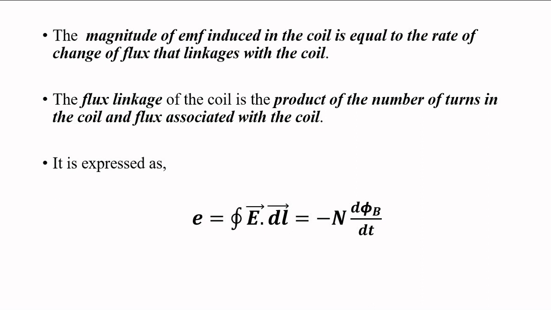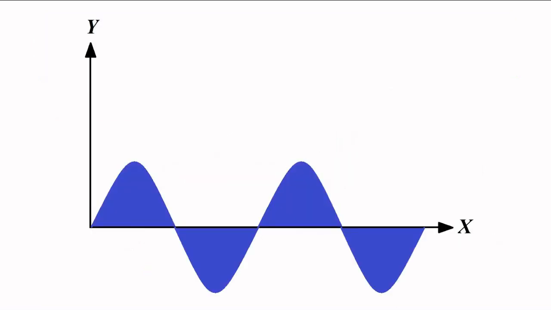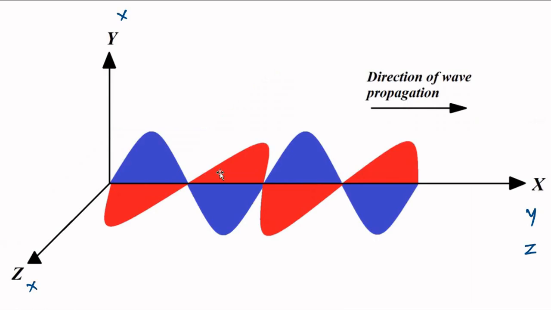So it proves that these changes in the electrostatic domain and magnetostatic domain cannot happen in isolation, they are interrelated. Whenever there is a change in electric field, there will be a change in magnetic field. Whenever there is a change in magnetic field, there will be a change in electric field. So any change in one causes an electromagnetic disturbance, which causes vibration in mutually perpendicular planes, also perpendicular to the direction of propagation of the electromagnetic wave.